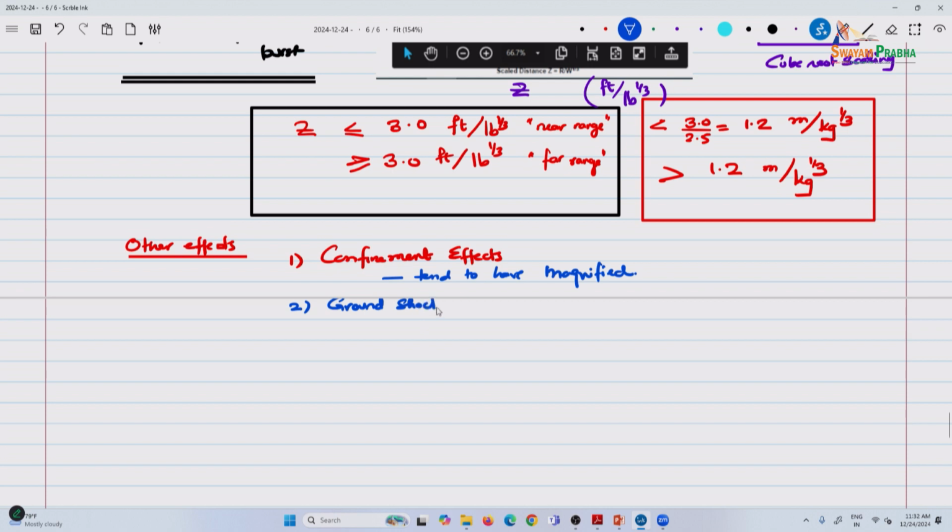Other effects, ground shocks, especially when you have surface bursts or hemispherical bursts as they are called, tend to cause cratering. Some of the energy gets dissipated. Cratering effects can have foundation effects, so you need to care.